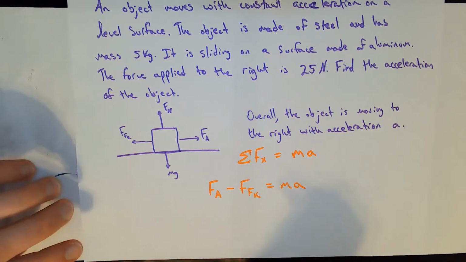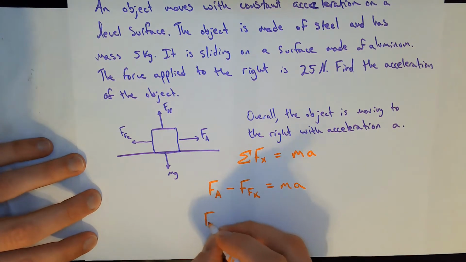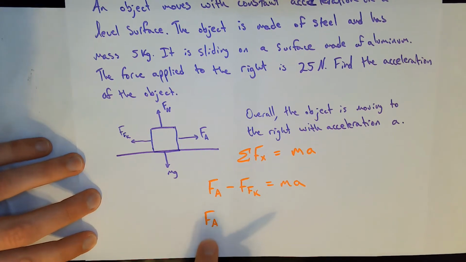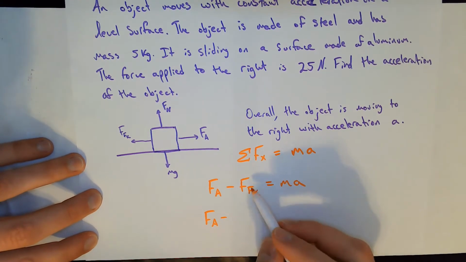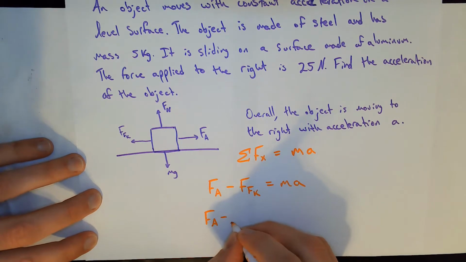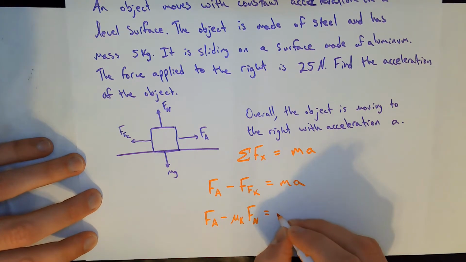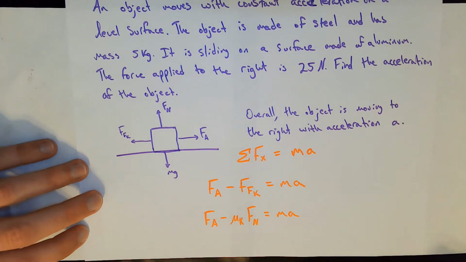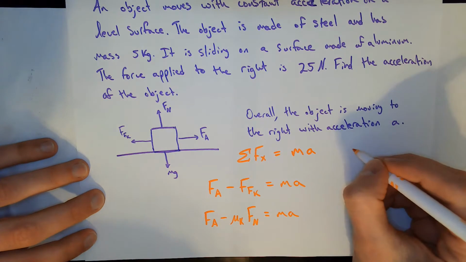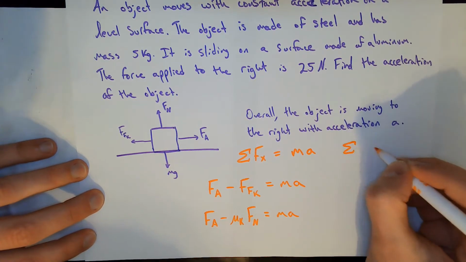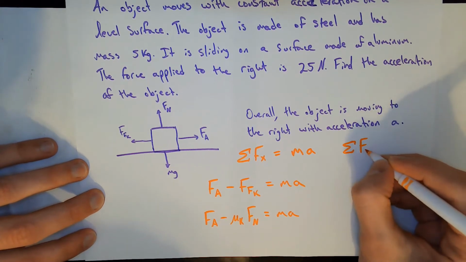I don't want to plug in numbers yet, so I'll just keep writing FA as applied force. I do know that my friction force is equal to the coefficient of kinetic friction times the normal force. By definition, for any problem, that's what it should be. And moreover, in this problem, my normal force will still be equal to the weight, mg. Why do I say that?